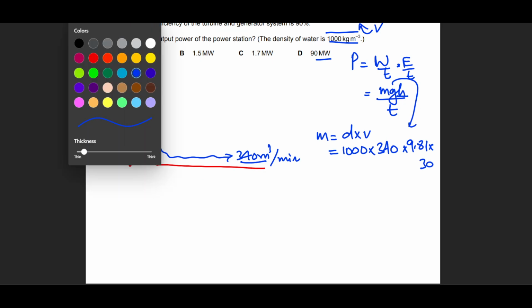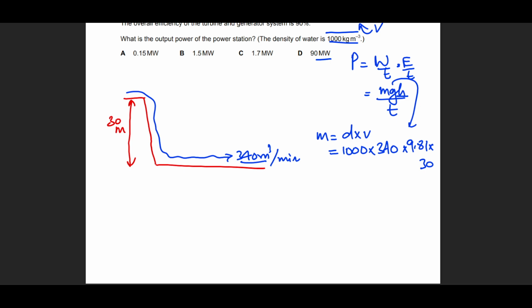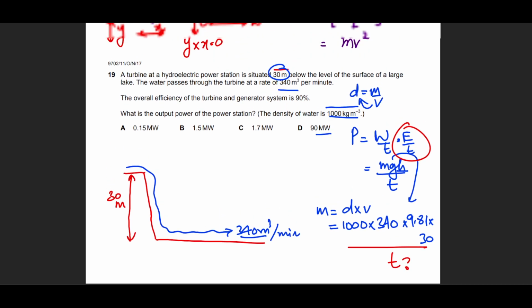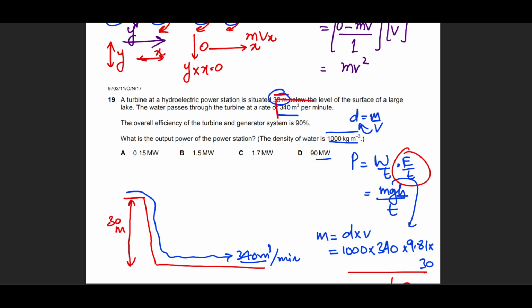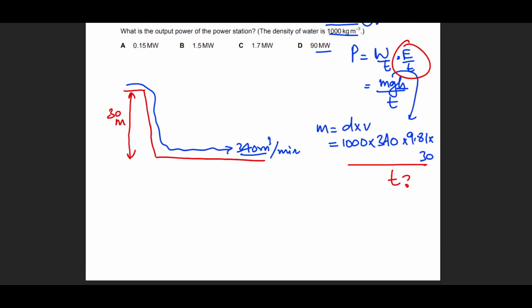But there is still one problem. Where is the time t in this power equation? Where do I get that? We have to pay attention to this unit, 340 meter cube per minute. This per minute is actually the unit of time. So let me write this down again. Power is equal to mgh divided by t. If I isolate m divided by t and multiply this with gh, it becomes very simple to see.